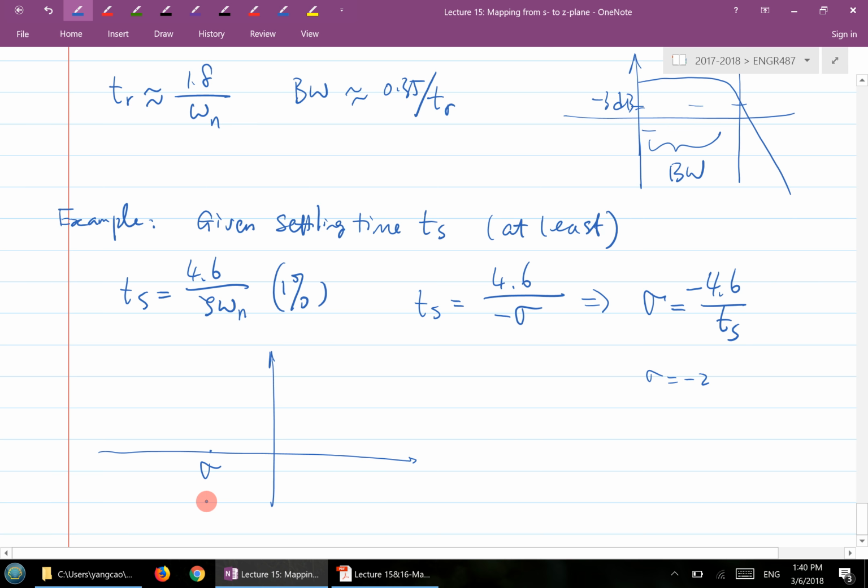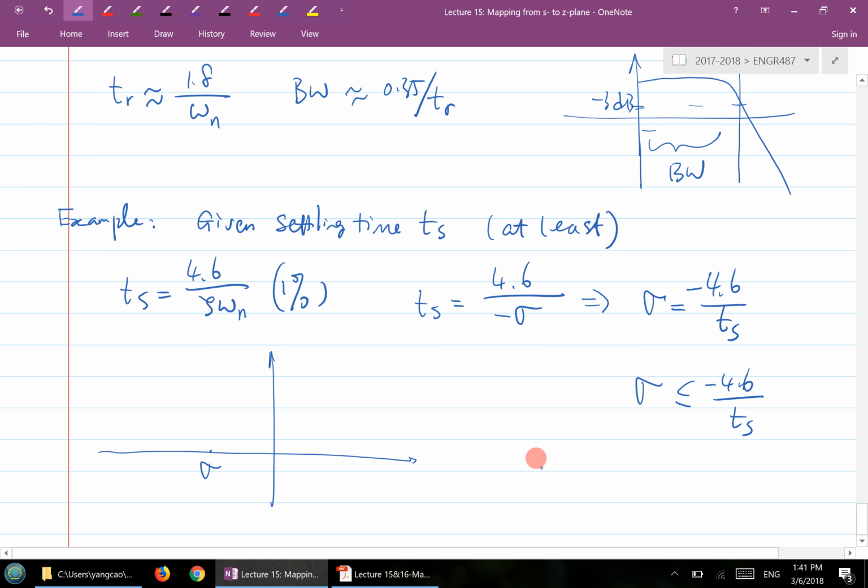Now remember, the Ts is at least this much here. So when you solve for this, you get a boundary. That means the sigma needs to be less than or equal to this number here.